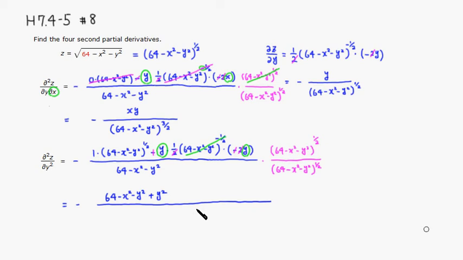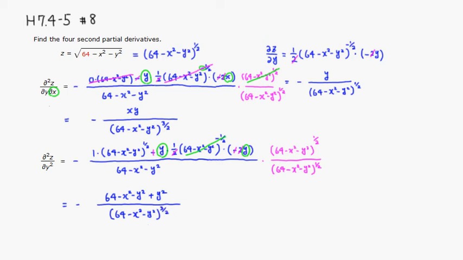Then I don't think we need that much line here. So combine these two, so you're going to get 64 minus x squared minus y squared, and 1 and 1/2, so it's a 3/2. So you have that.